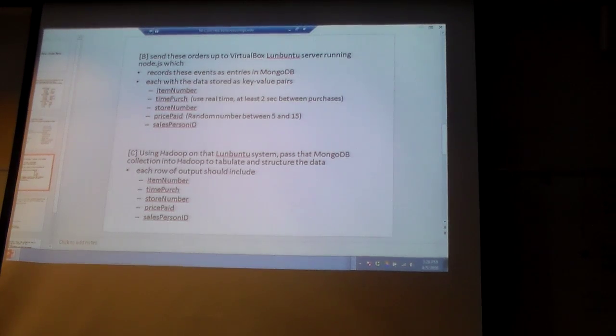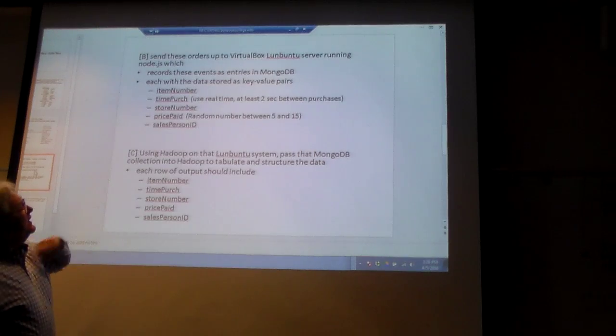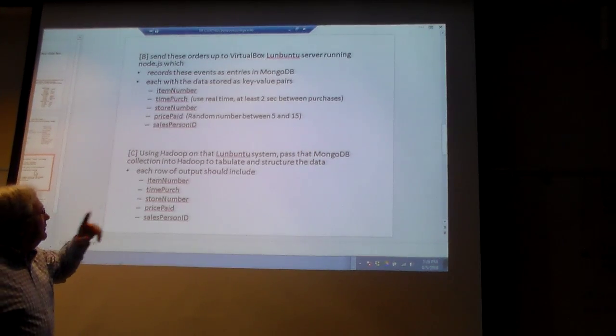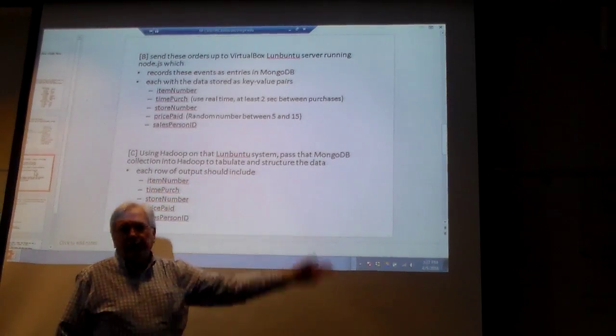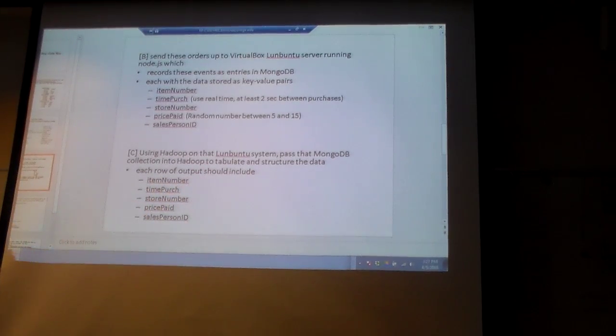So then, at that point, you're going to take the data that's sitting in Mongo and pass that data out of Mongo into this thing called Hadoop. We'll talk a lot more about what Hadoop is later.